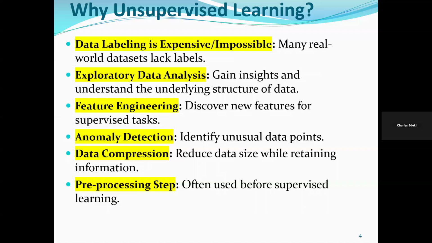Now the next will be data compression. Unsupervised learning can be used to reduce data size while retaining information. For example, reducing the dimensionality of data can lead to more efficient storage, and not only storage, but computation.